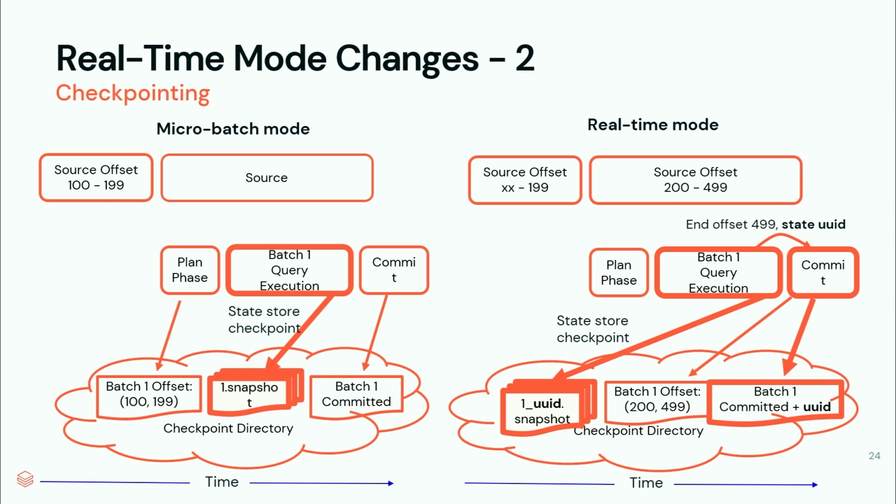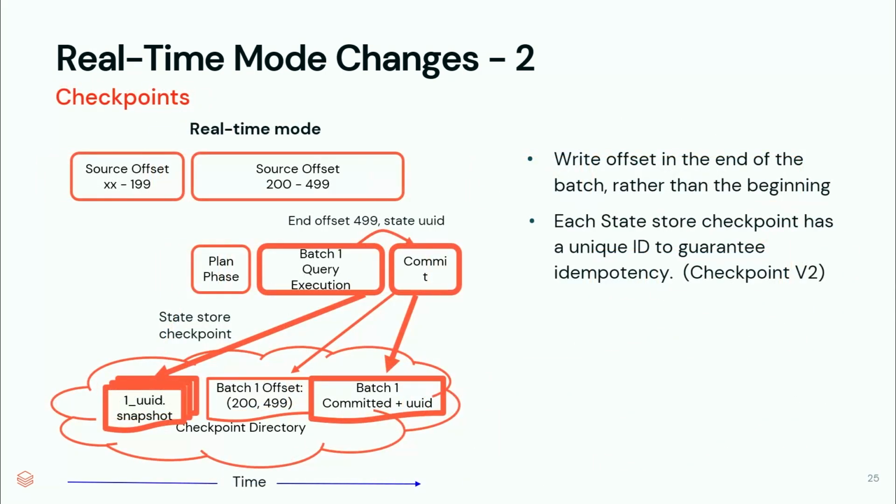Every checkpoint will be attached to a globally unique UUID, and that ID will be written in the commit log so that we know which one is actually committed. So there's no confusion.